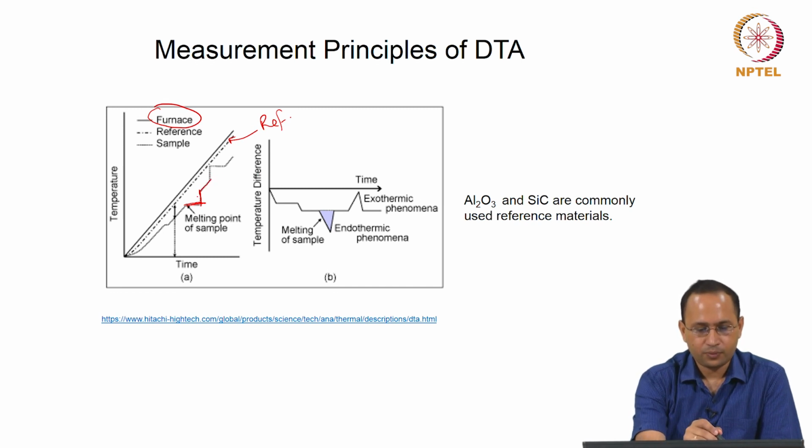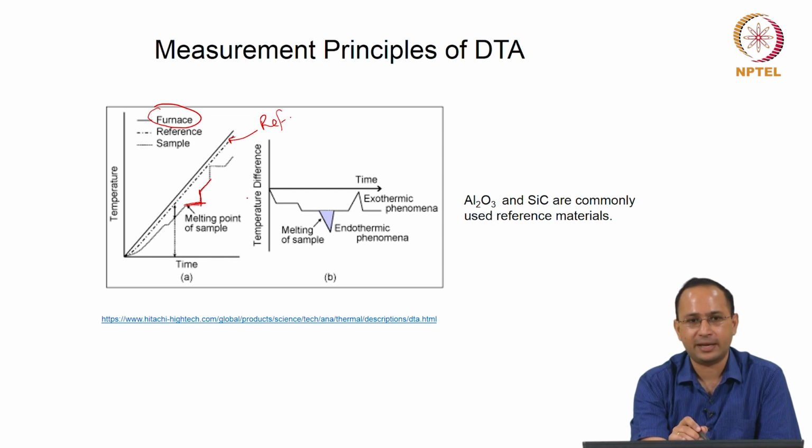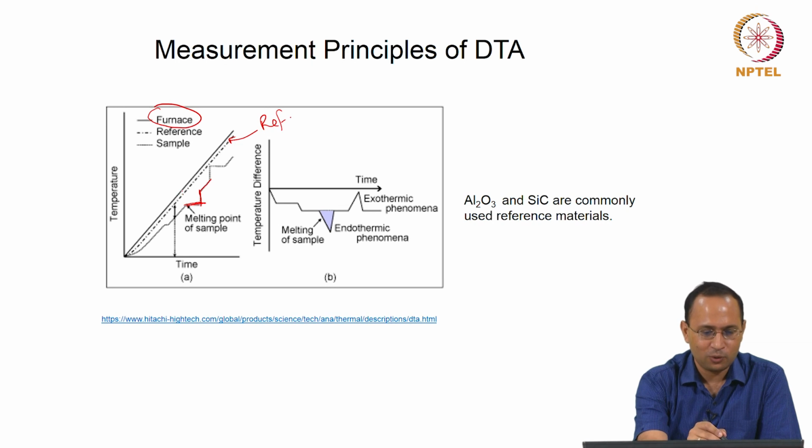Now, if we plot the temperature difference, as we said, in differential thermal analysis, we are plotting temperature difference with time. So, this is the time axis. What you see in melting is this difference here, the difference between reference and sample, right. When something is melting, you see the difference is increasing.